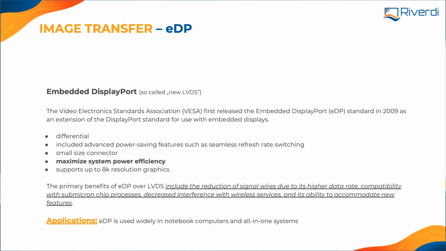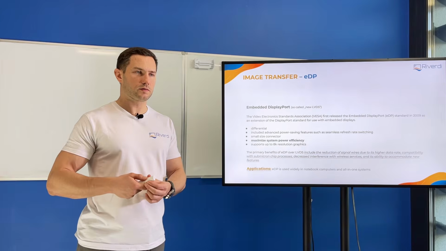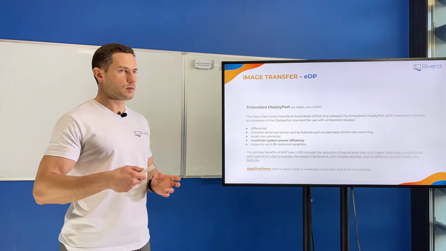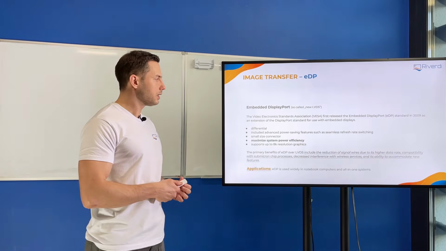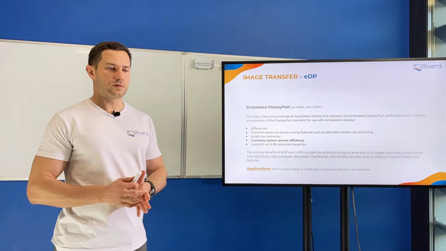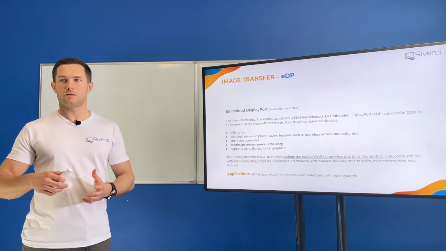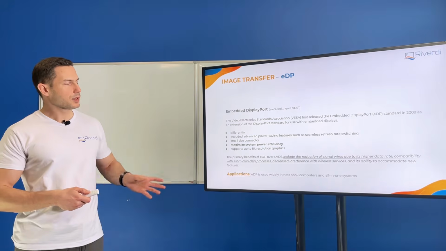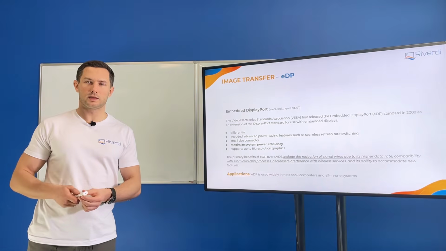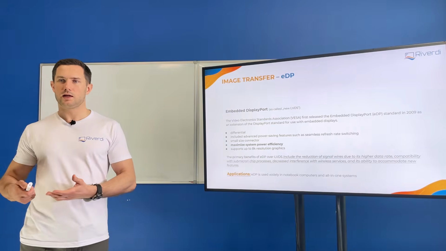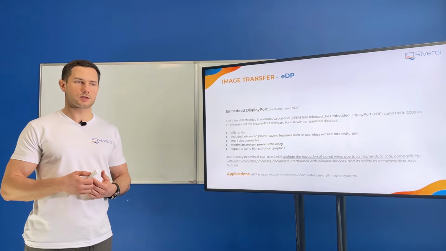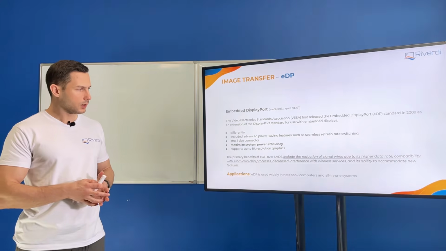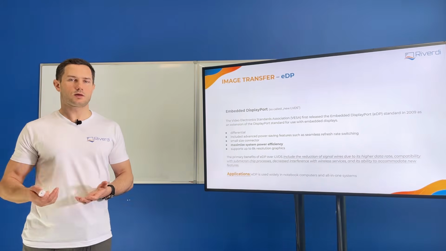If you go through industrial TFT manufacturers, you will see that there are more and more models available with EDP, and EDP is a native interface that you can find in some of the new processors, like Intel or ARM based processors, which may already have embedded DisplayPort as a native display interface. That means you don't need anything extra to connect the display to the processor, so it brings the cost down.